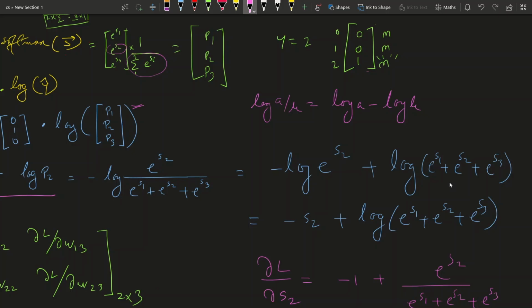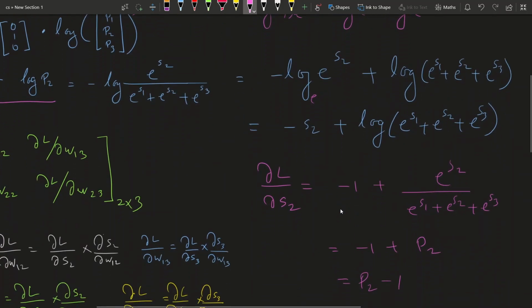Now log of e to the power s2 is nothing but s2, because this is the natural logarithm, whose base is e, and log e base e is basically 1. So this s2 will come out, and hence you get minus s2 plus log of this entire thing.